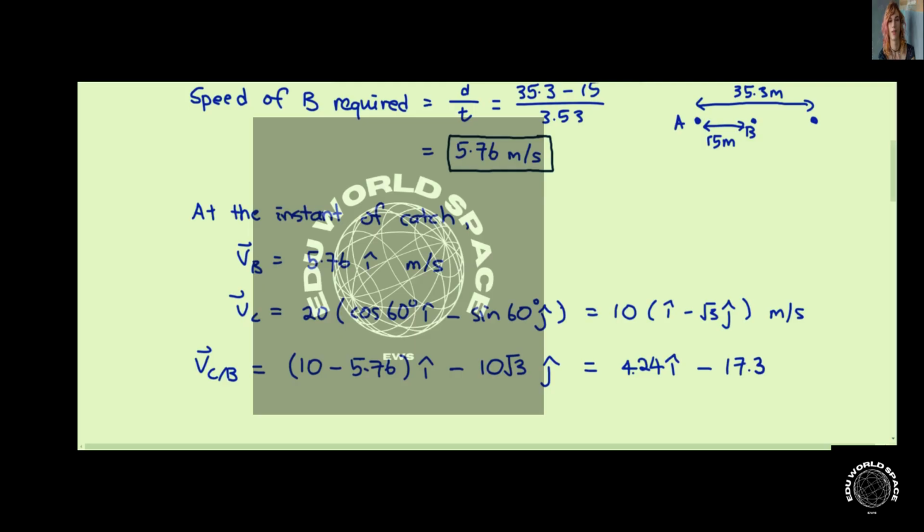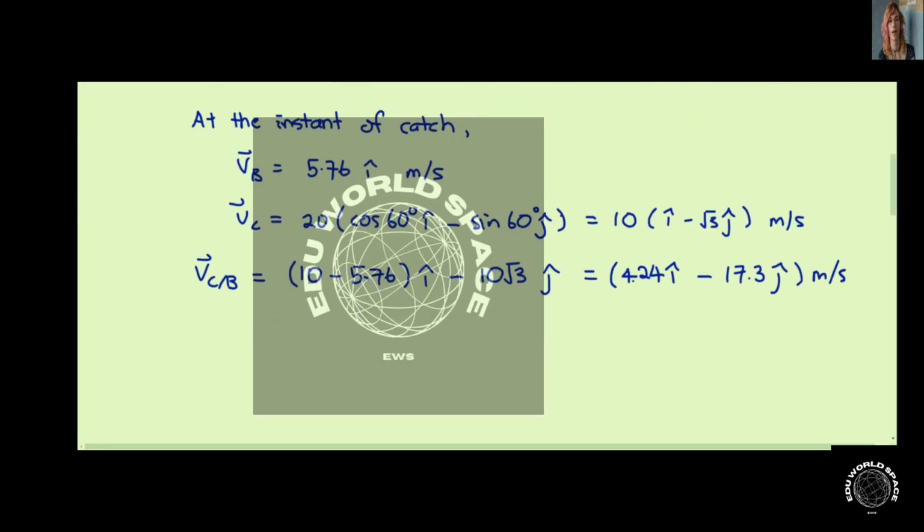Okay, and we can find the magnitude of the relative velocity. So you square the components and you sum them up, and then you take the square root. Okay, this is 17.8 meters per second, and then the direction would be arctangent. The y component is 17.3 divided by the x component 4.24, and you calculate this, you get 76.2 degrees.